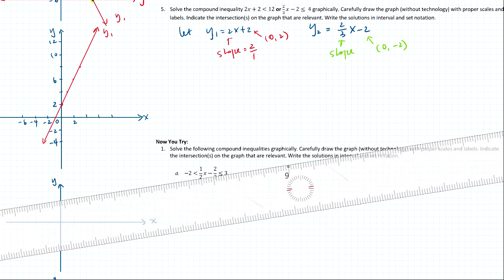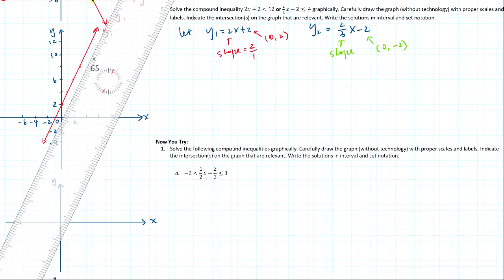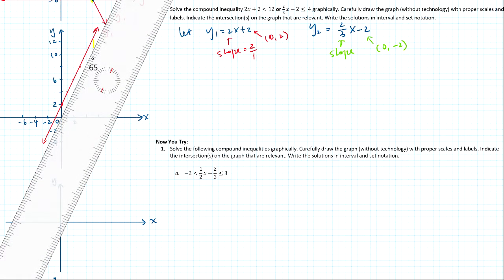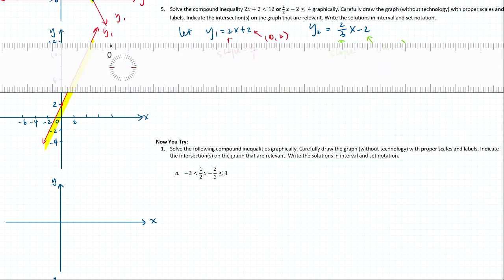So at this point, you might see the result right away even without graphing where 12 is as a result. You can see that we would actually have this part of the line highlighted when it's staying below 12 over here. But you can get the same result if you graph 12 on the coordinate plane.